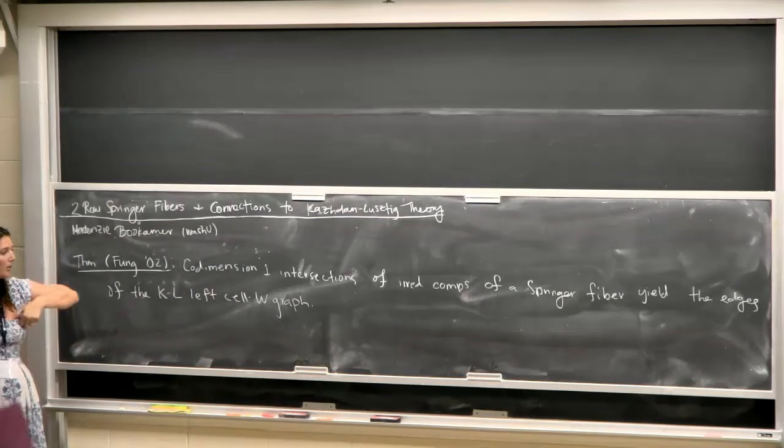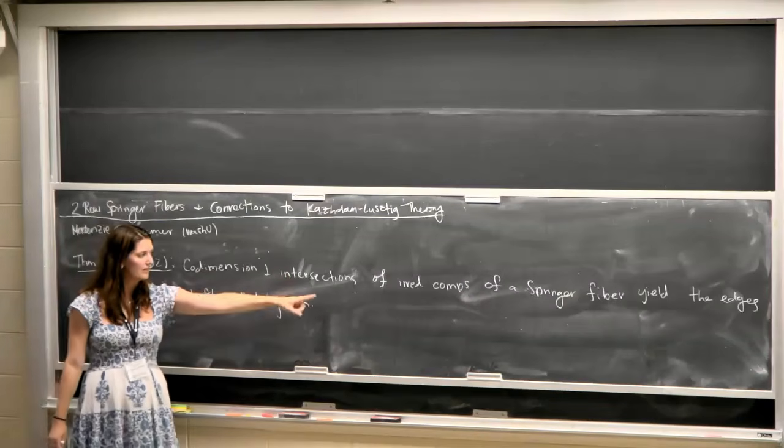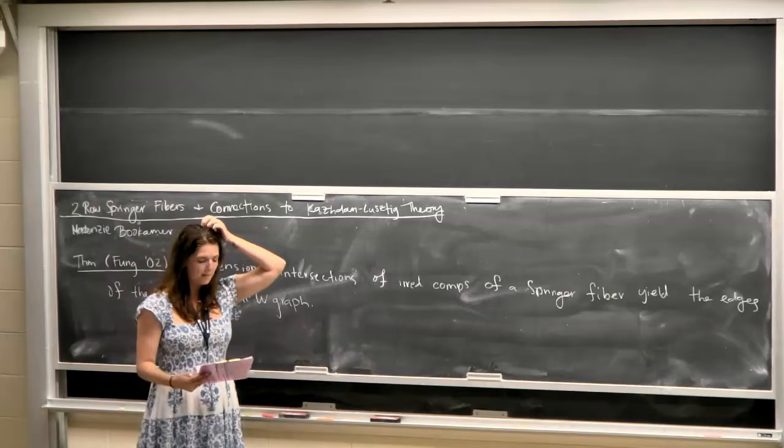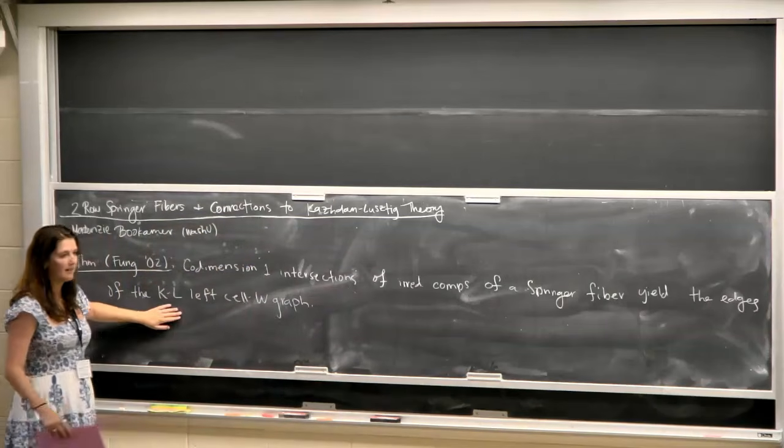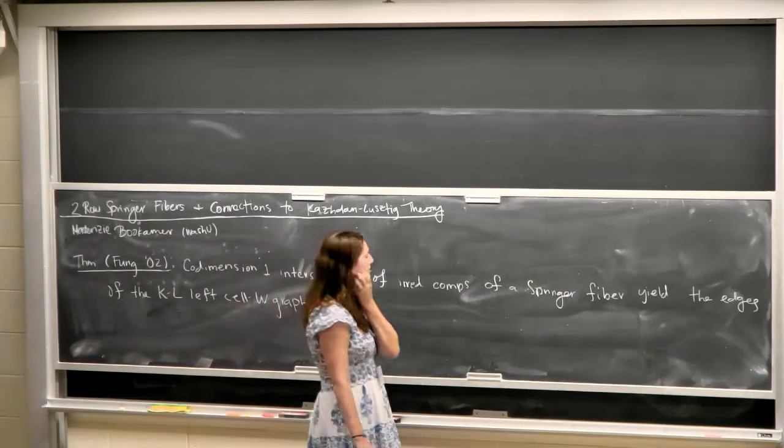Okay, so we're going to break this theorem down. We'll first look at the Springer fiber side, these codimension 1 intersections of irreducible components, and then backtrack and look at it again through the Kazhdan-Lusztig polynomial lens.